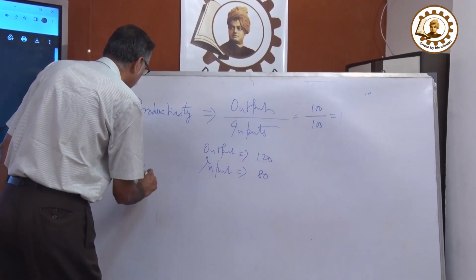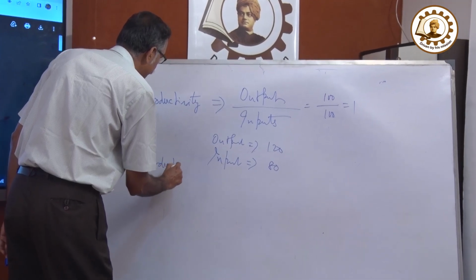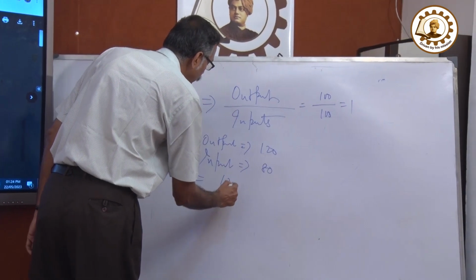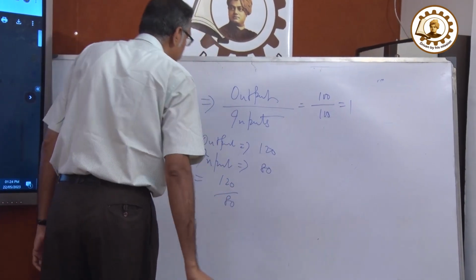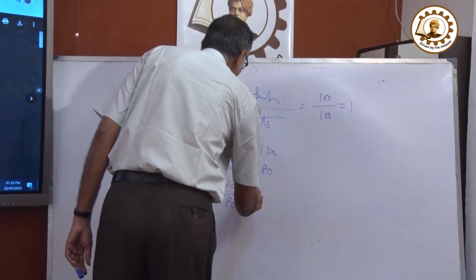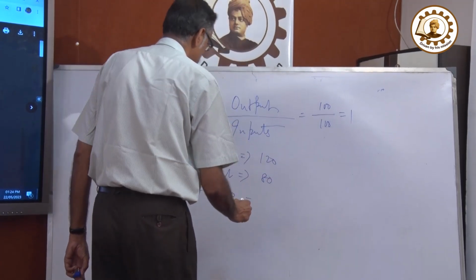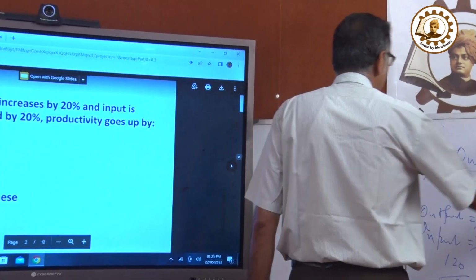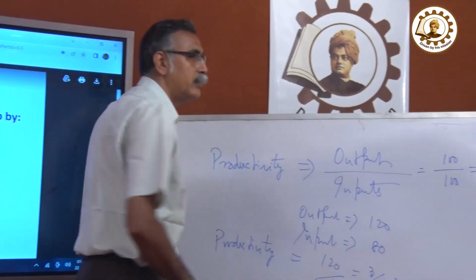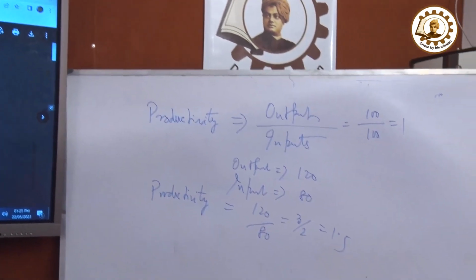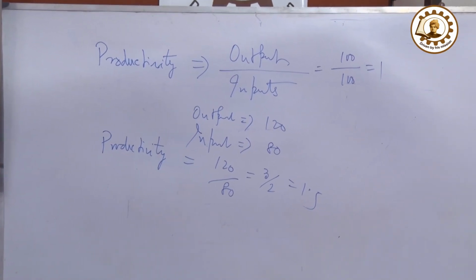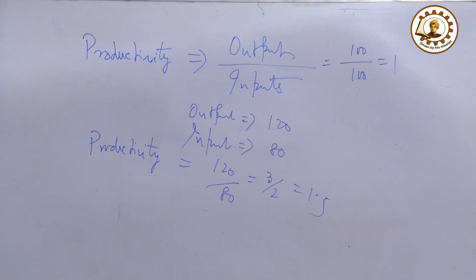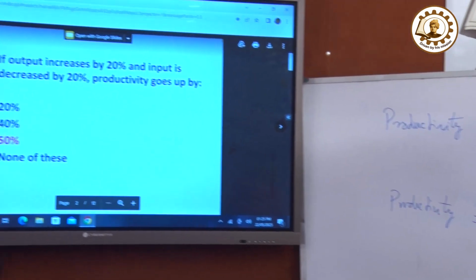Now current productivity is equal to 120 by 80, that is 1.5. Earlier it was 1, now it is 1.5. That means the productivity is increased by 50%. C is the right answer.